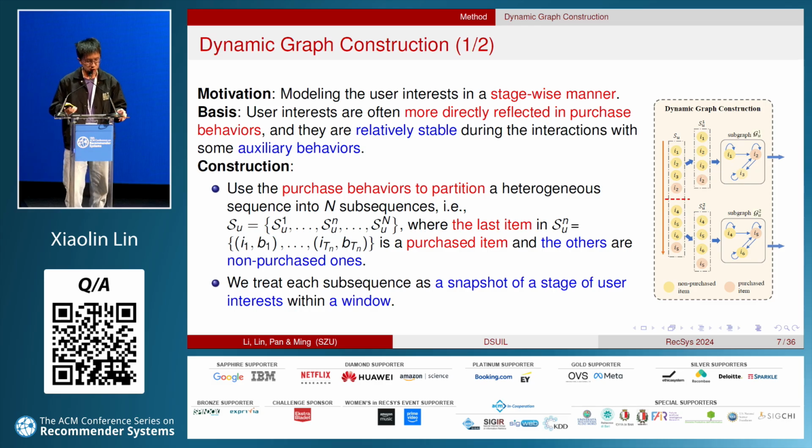So, we use the purchase behavior to partition the sequence into several subsequences. Then, the last item in each subsequence is a purchase item, and each subsequence is a snapshot of a stage of user interest in a window.